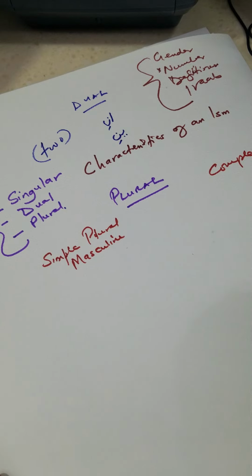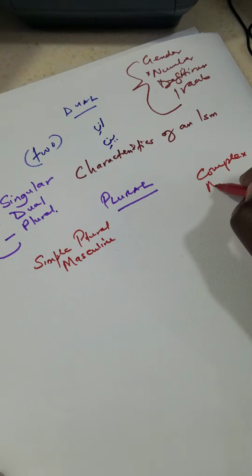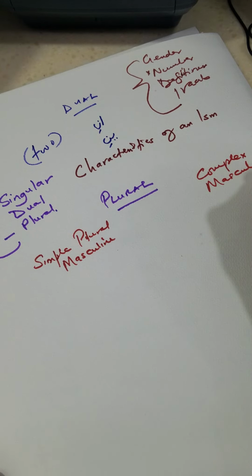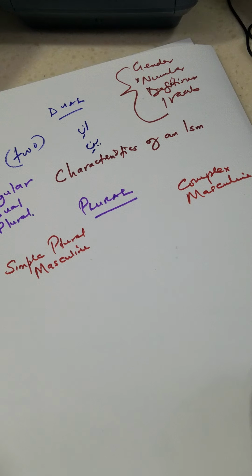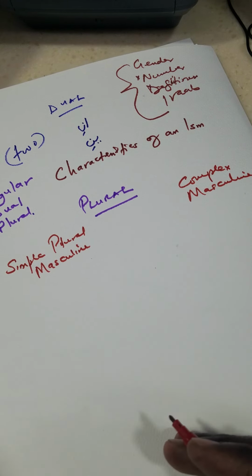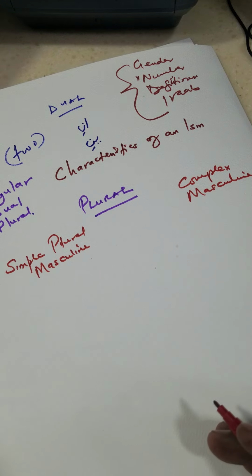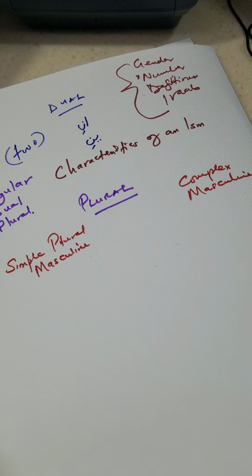Now, here we have simple, we have complex. We are going to look at these things differently. There is a way the masculine is going to get its plural, and there is a way the feminine gender is going to get its plural.